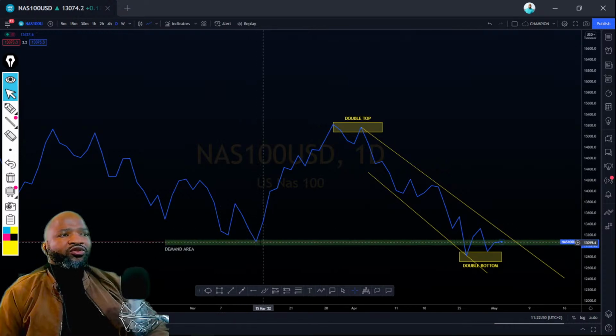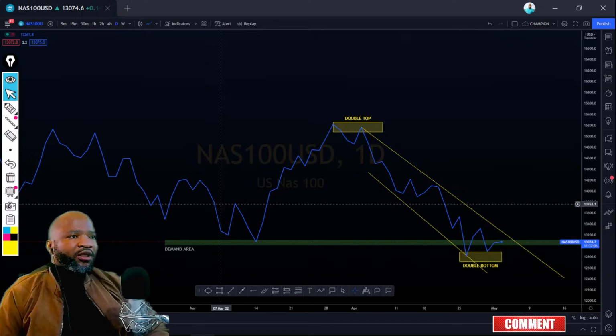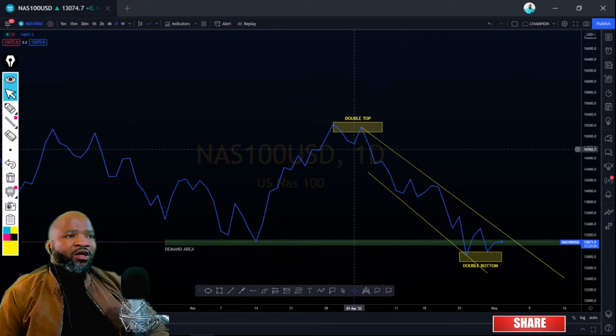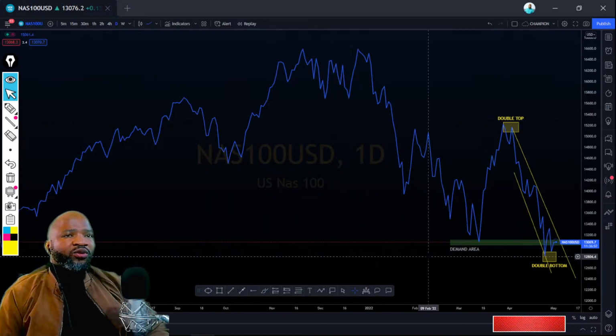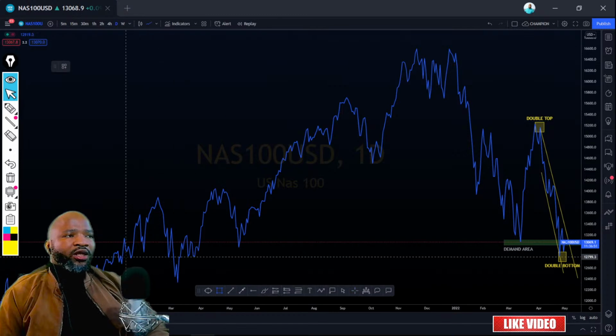The price respected the level and pushed towards the upside. So it seems like here the price has found a new support, but it was a support all along previously.